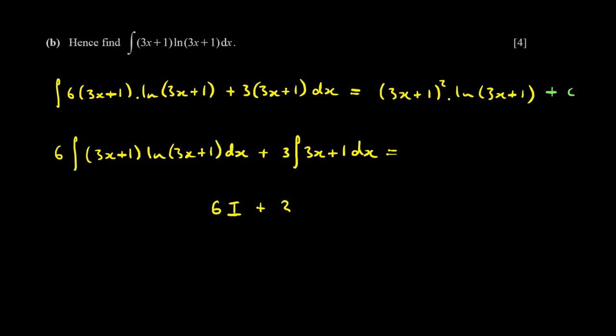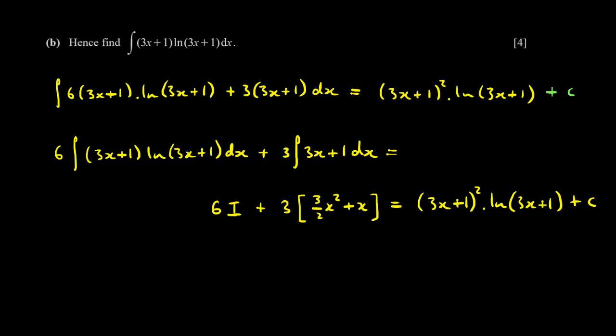Well, I think I can just integrate that straight up. If I integrate 3x, what I'm going to get is 3 upon 2 x squared. If I integrate the 1, I'm going to get x. And that's going to be equal to (3x+1) all squared times the natural log of (3x+1) plus my constant of integration c.